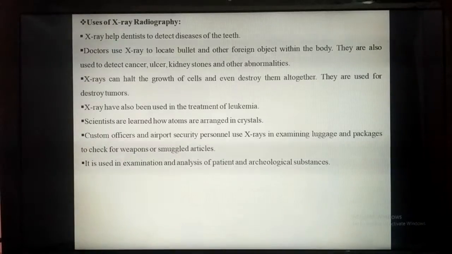Scientists learn how atoms are arranged in crystals; they study this in crystallography. Customs officers and airport security personnel use X-rays in examining luggage and packages to check for weapons or smuggled articles or material. It is also used in the examination and analysis of patients and archaeological substances.